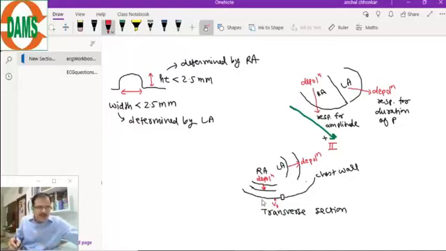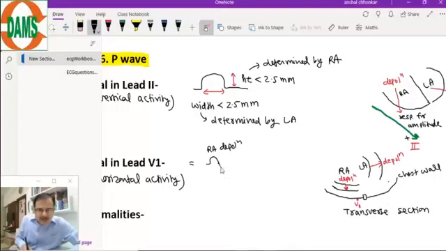First part will be due to right atrial depolarization, and second part will be due to left atrial depolarization. So it is a biphasic diagram. It will show the first one as positive, and the next deflection will be negative.